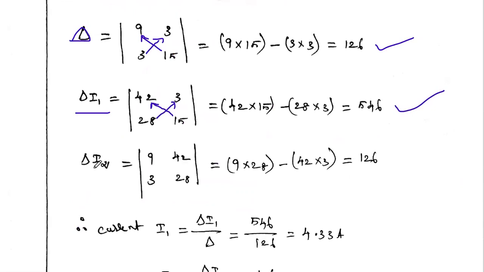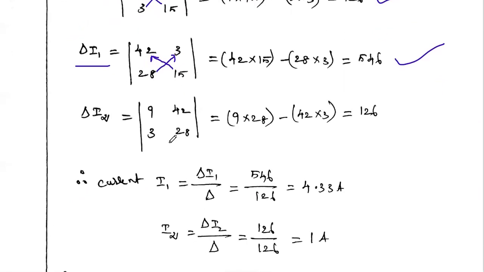So del I2 is 9, 3, 42, 28. So 9 into 28 minus 42 into 3. The answer is 126. So we find the del I2 value as 126.